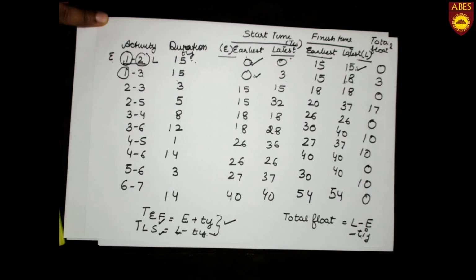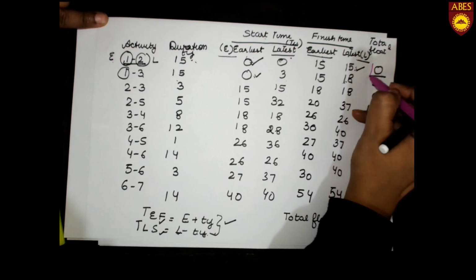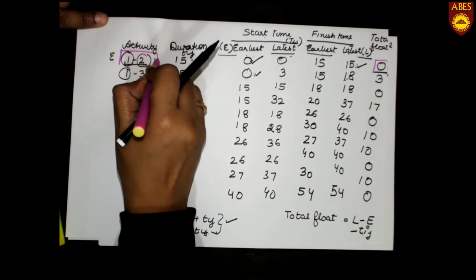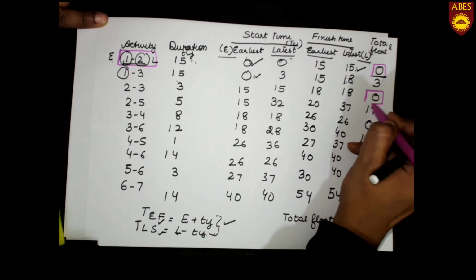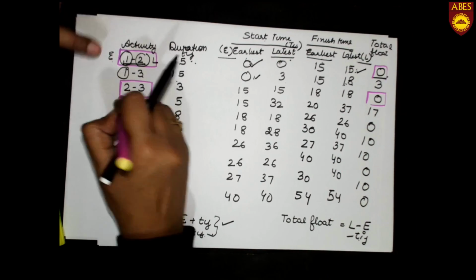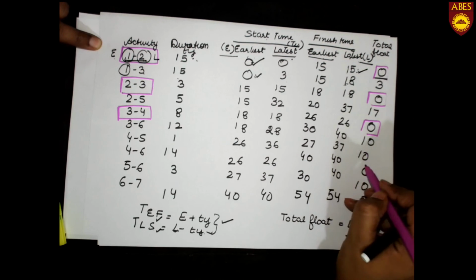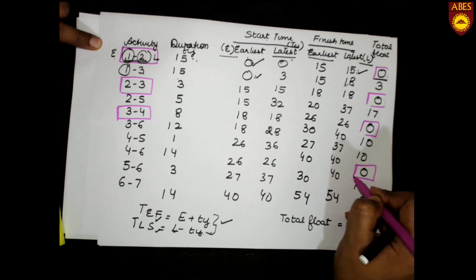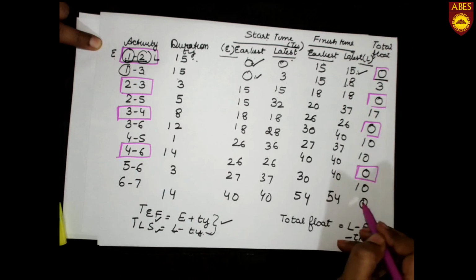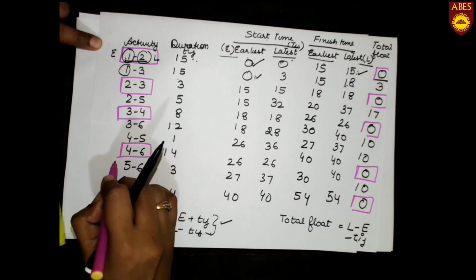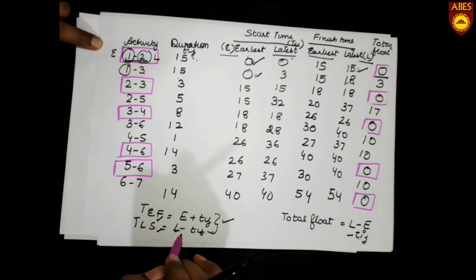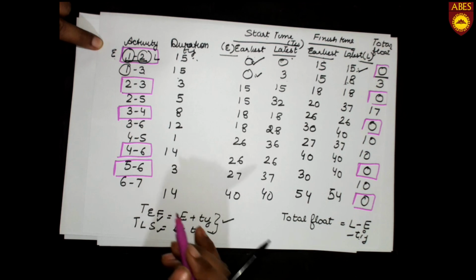As I have told you earlier, the activities which have a total float of 0, like you can see over here, activity 1-2, activity 2-3, activity 3-4, activity 4-6 and activity 6-7, have a total float of 0.